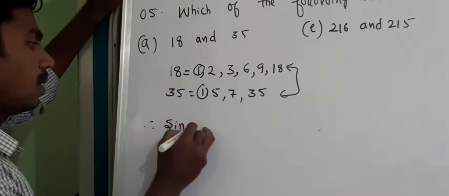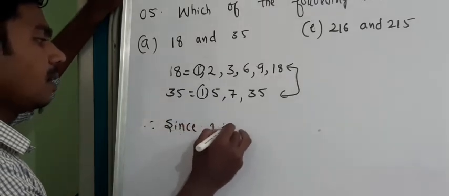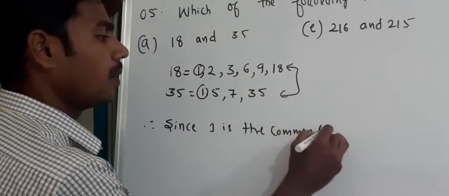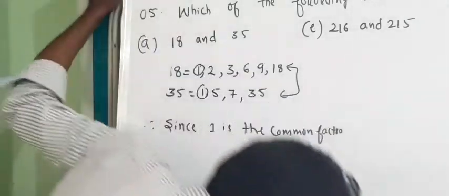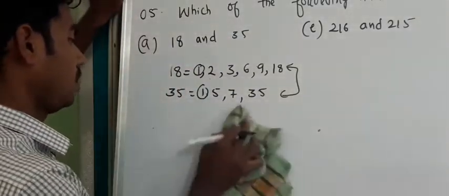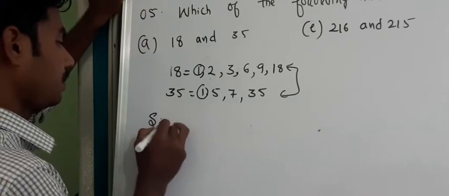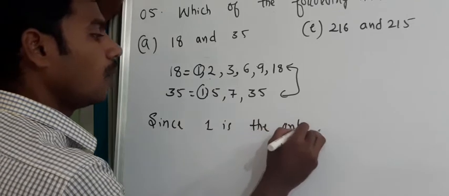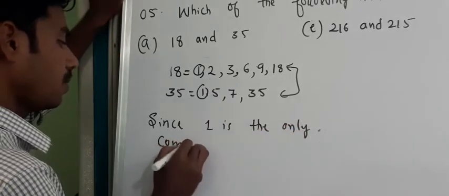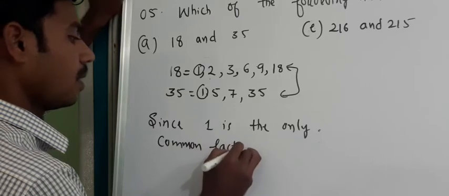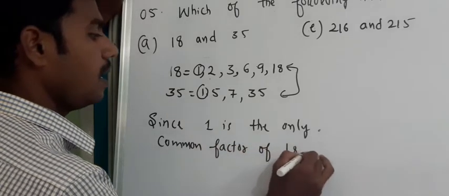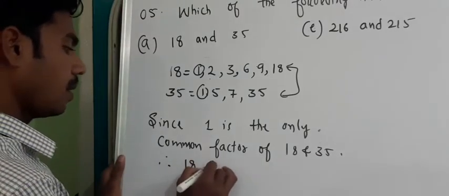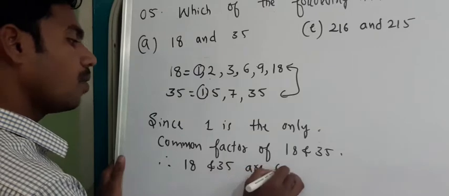Since 1 is the only common factor of 18 and 35, therefore 18 and 35 are co-prime.